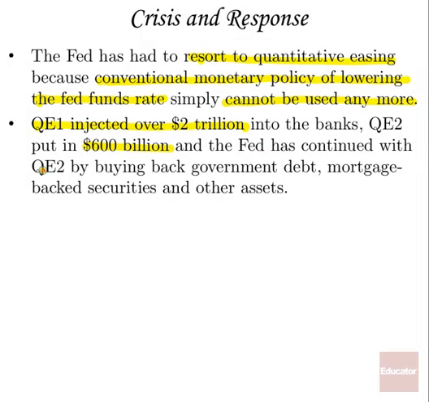And the Fed has continued with QE2 by buying back government debt, mortgage-backed securities, and other assets. The Fed has announced that they're going to ease off of this expansionary monetary policy. But that's the response that the Fed has made in terms of trying to stimulate the economy by injecting more money into the banks and therefore the money supply.